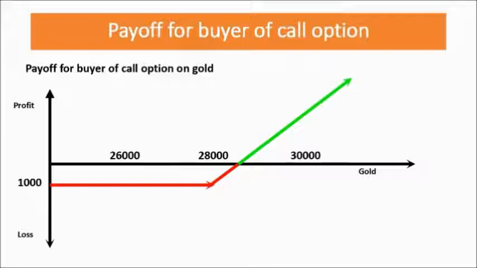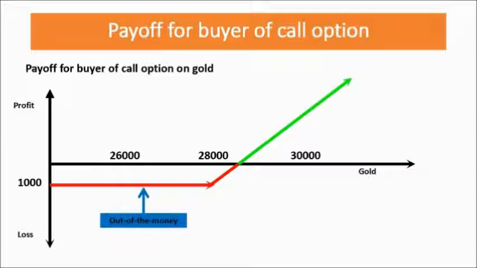The moment a buyer buys an option, he needs to spend some premium. So in this case, he had spent 1,000 rupees. And just imagine, for example, the current spot price, meaning the current price of gold, is around 26,000, but this buyer has bought this option with 28,000 as the strike price.